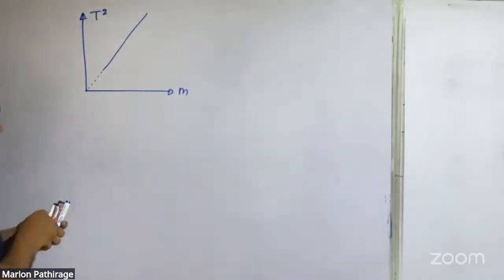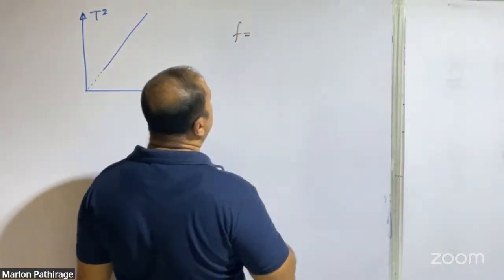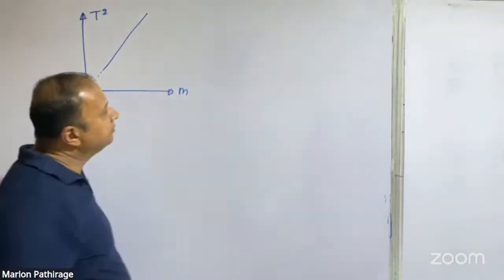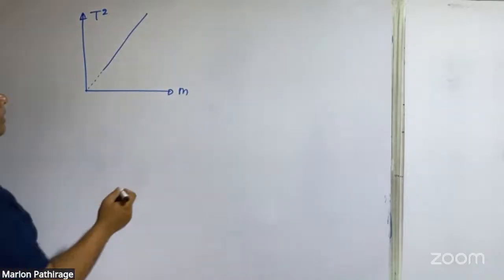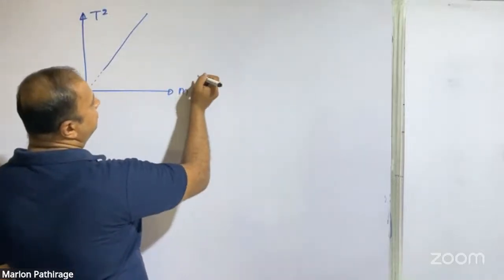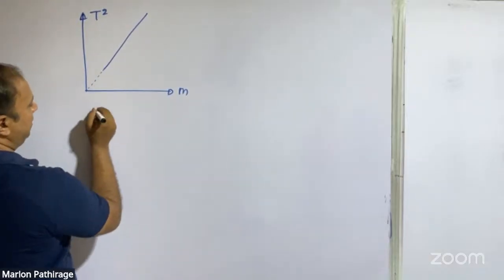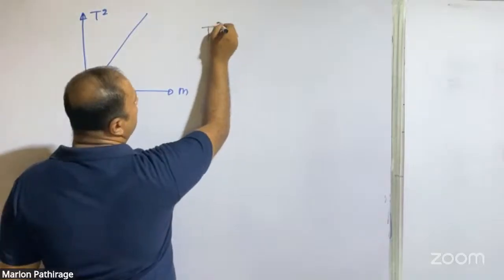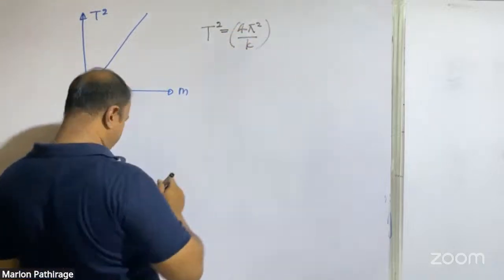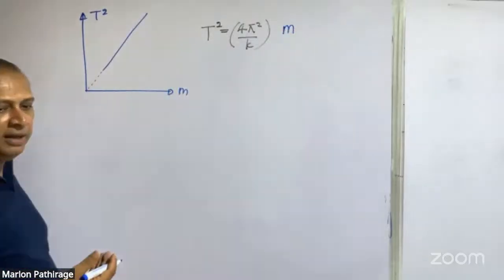According to our relationship, T square is equal to 4 pi square over K into M. So this is our relationship.